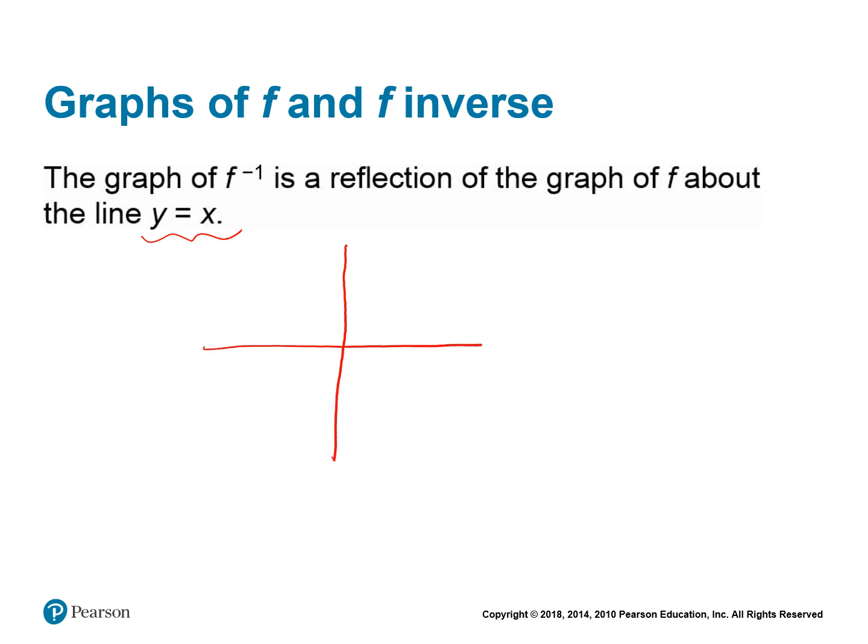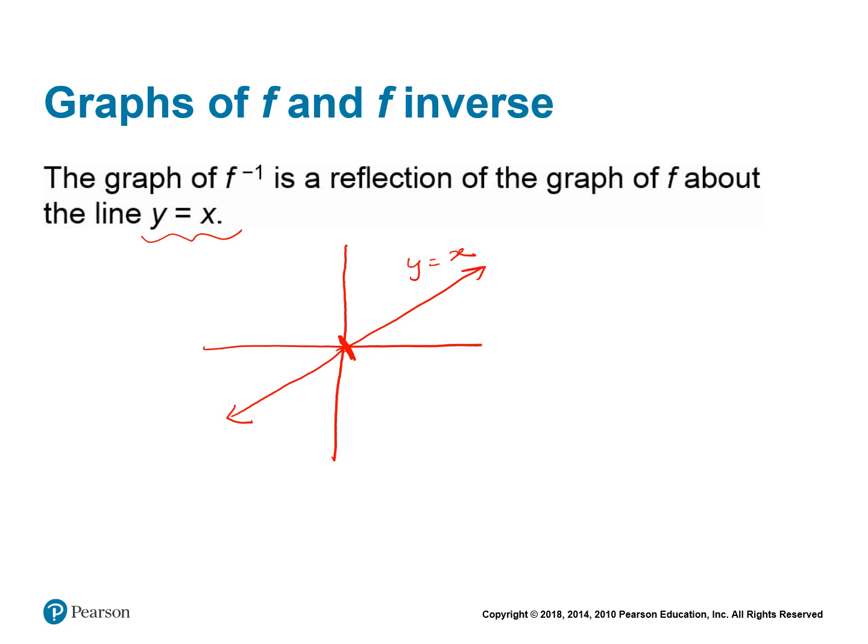All right, so if this is the axis, this is the point of intersection of the x and y axis. So if we draw a straight line through the point of intersection, that is the line y equals x. And what this says is the graph of the inverse function is a reflection of the graph of f about this line.